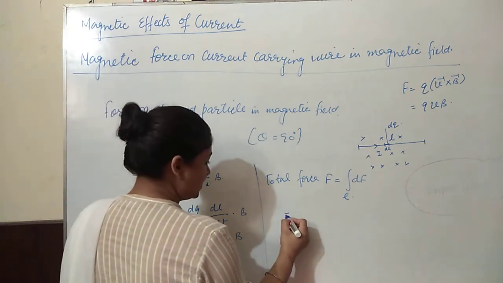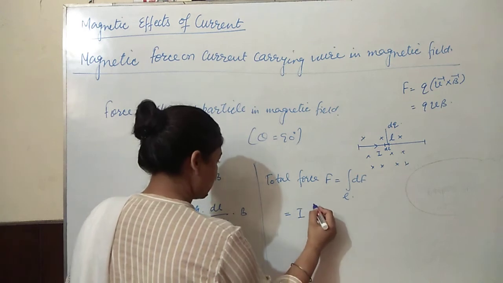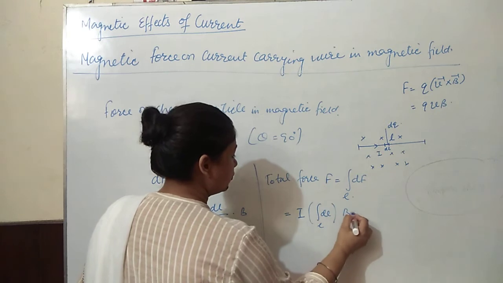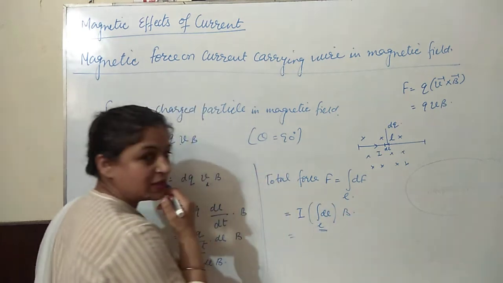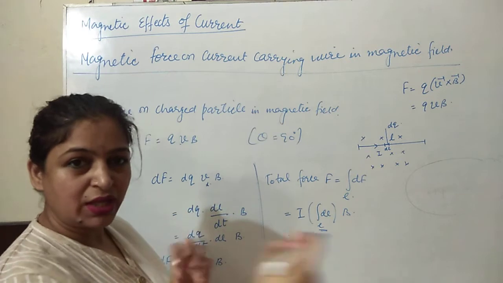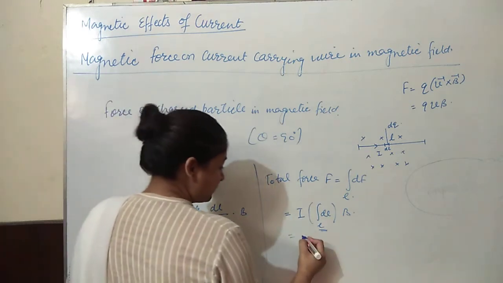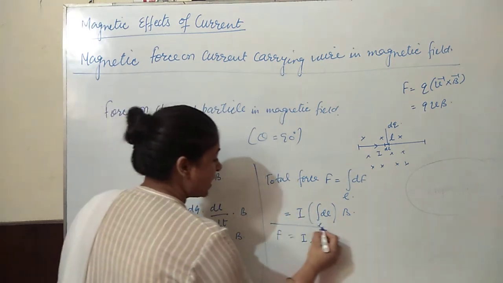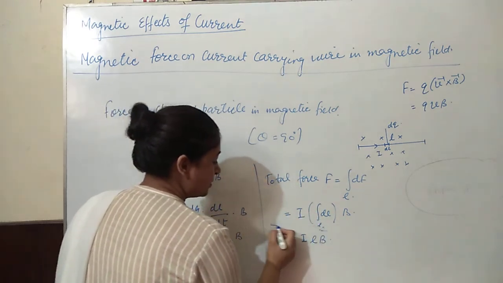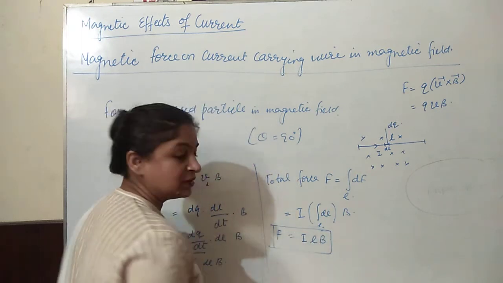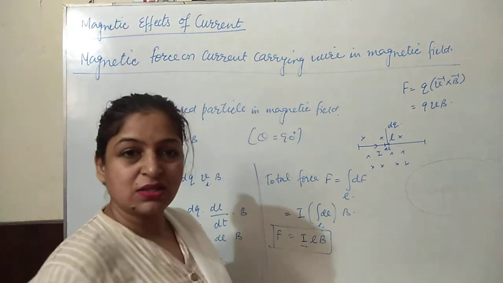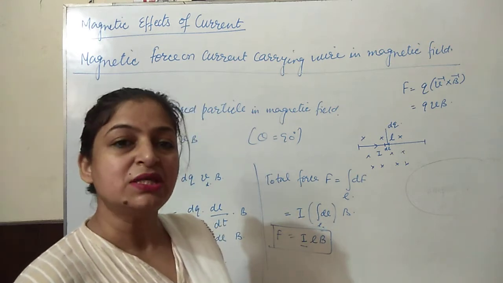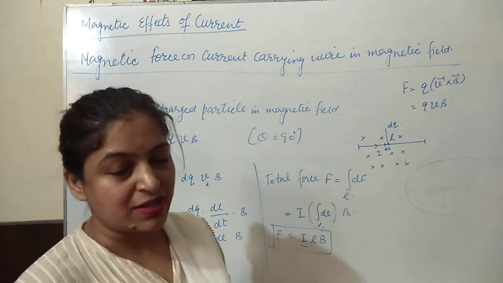So we can write this as I times the integral of dl for the full length, cross B. Integration of dl, all the small dl's added, gives the total length. So this is the total force acting on the current carrying wire of full length L. Here I is the current flowing through the conductor, L is the length of the conductor, and B is the magnetic field in which this conductor is placed.